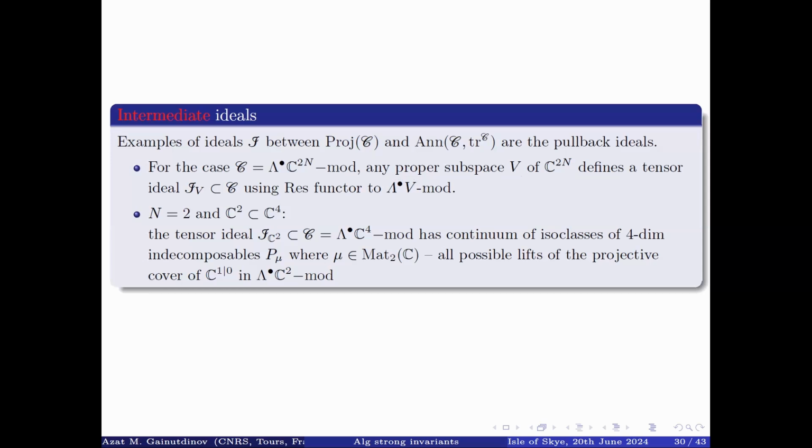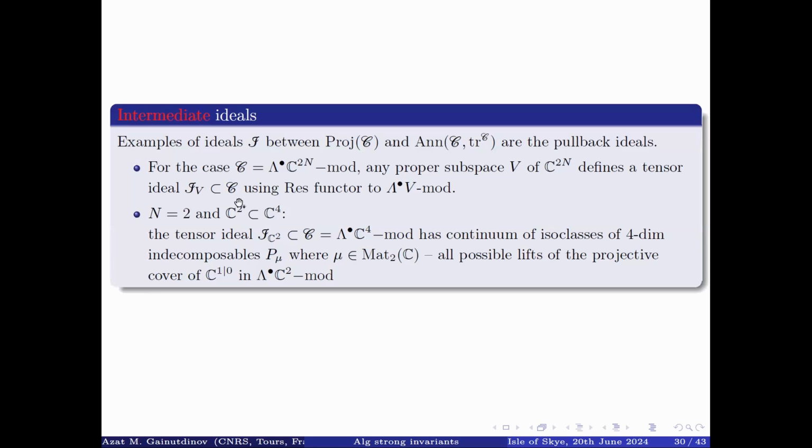So the exterior algebra of this subspace is a Hopf subalgebra in my big Hopf algebra, the total exterior algebra. And so by this previous construction, taking pullback along the restriction functor, you get an ideal. And they will all be different. I mean, they will all look alike if they have the same dimension, but still they are all different. So you can see that we have continuously many tensor ideals. And you can change the dimension of B, you get some network structure of ideals.